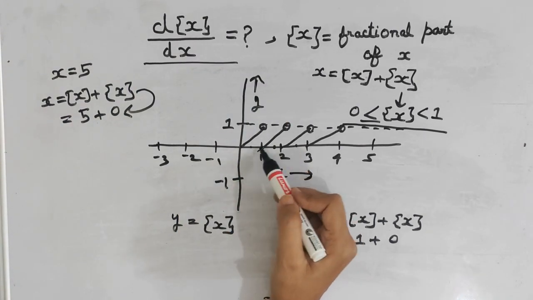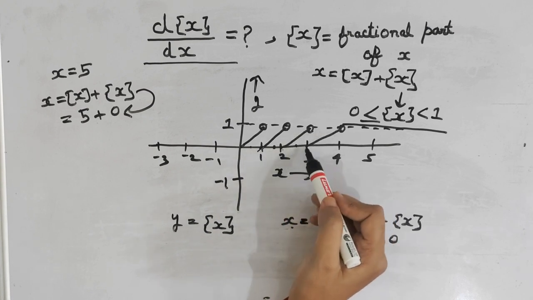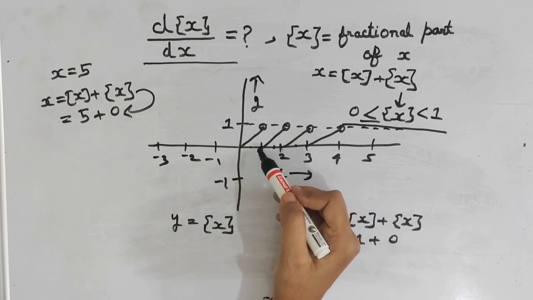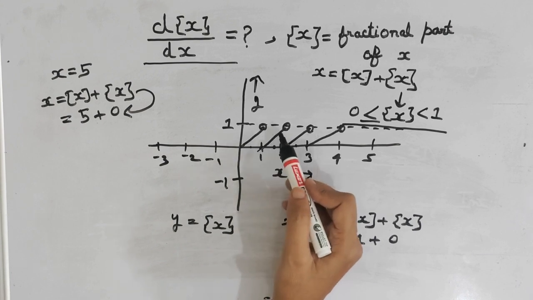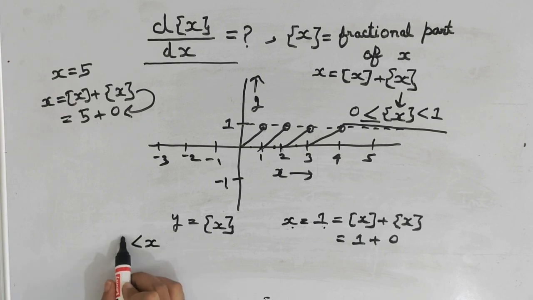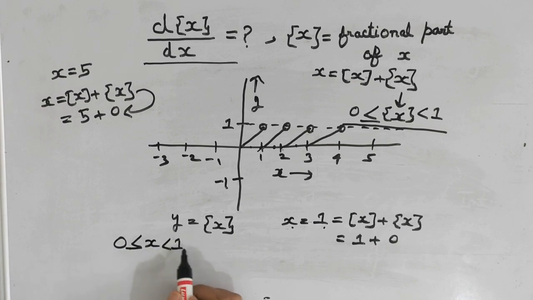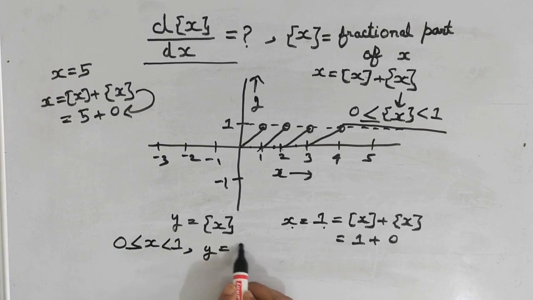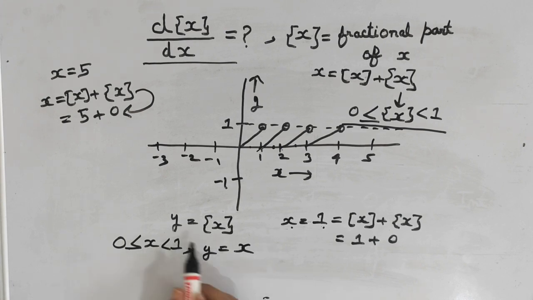If you see it in depth, for the function y equal to {x}, if x is greater than or equal to 0 and less than 1, we can always say y equal to x, right? You can understand what I am saying.